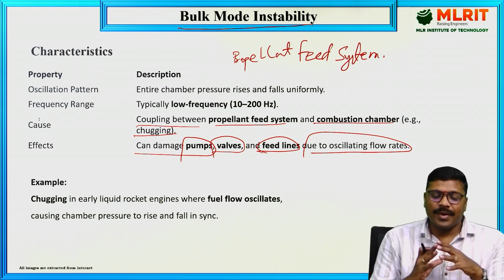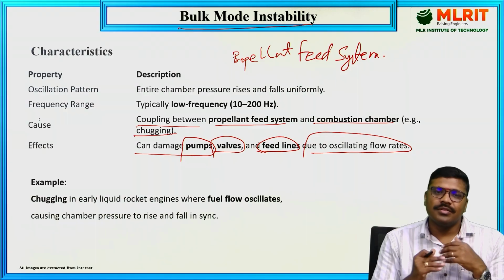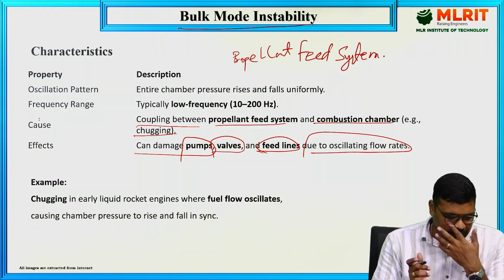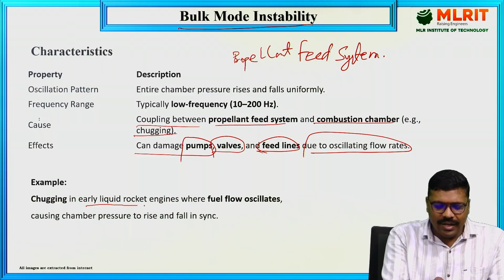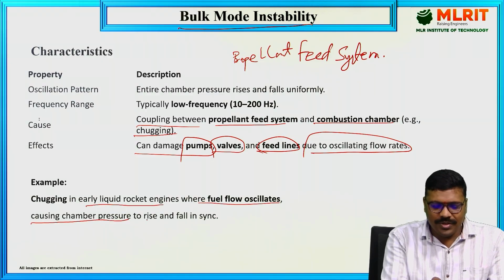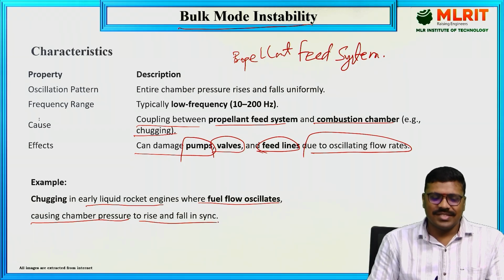But if the pressure fluctuations are large, then sometimes it will also lead to total engine failure. So chugging in early liquid propellant engines, where fuel flow oscillates, causes the combustion chamber pressure to rise and fall in synchronization.